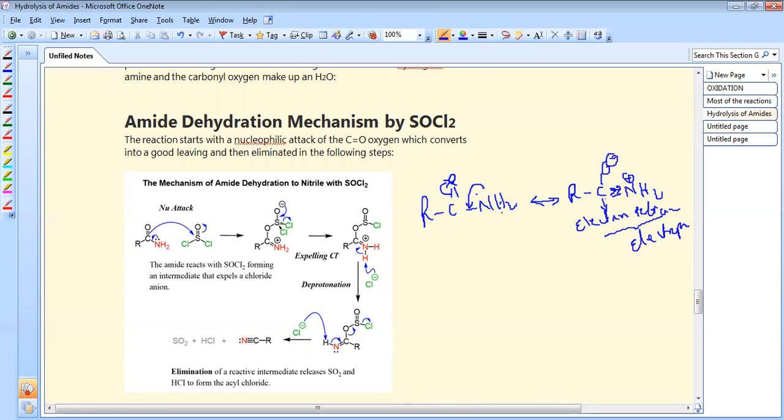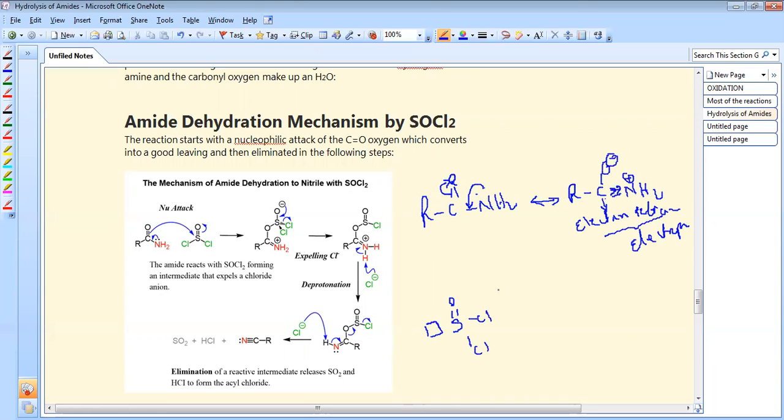Next, what happens? If you look at the structure of SOCl2, it is S double bond O, Cl, Cl, and this sulfur has one vacant orbital.